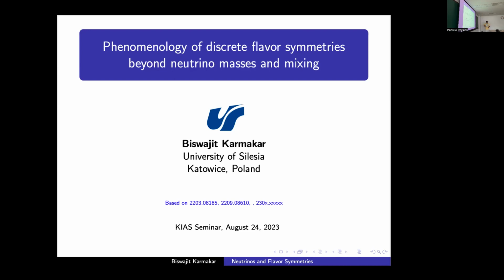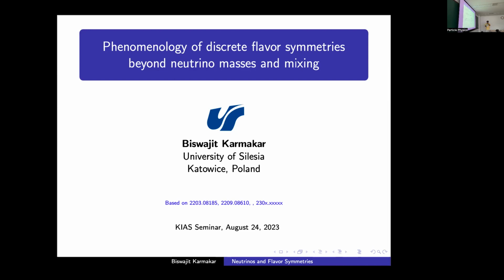In that case, the neutrino mixing matrix will satisfy this kind of modulus relationship, and you can write the mixing matrix in this way. You can see the difference: in the earlier case, these B and B were the same, now it is B and B star.